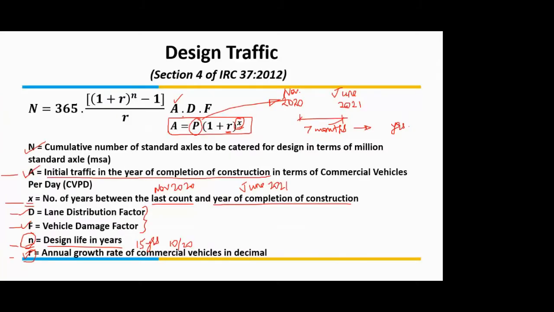Now P we had seen in this formula of A is equal to P into (1 plus R) raised to X. So that P was nothing but the count of the last count that you had with you for traffic.